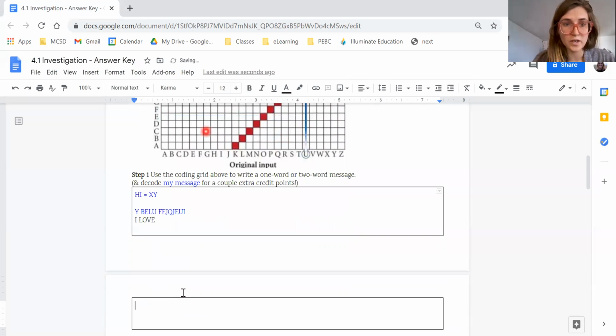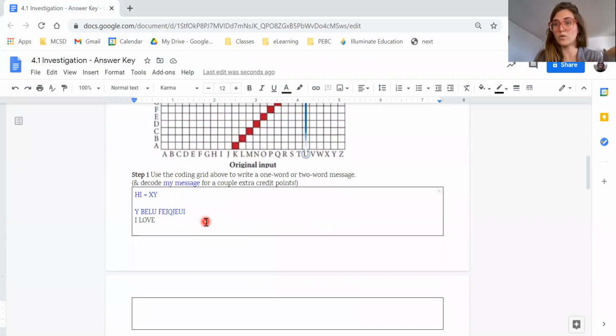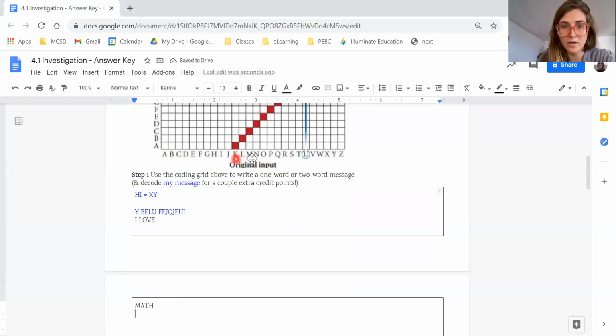I also asked you here to use this coding grid to write a 1 or 2 word message yourself. So you could write something else. Again, just think of one or 2 words, you know, math. And then all you have to do is along here, you go to the M and then follow it up and then follow it over. So that's C. And then A is here.